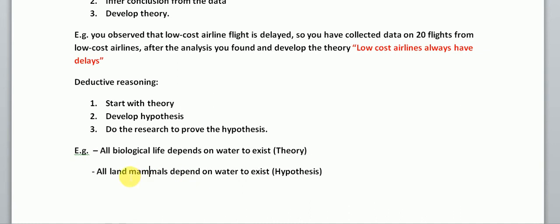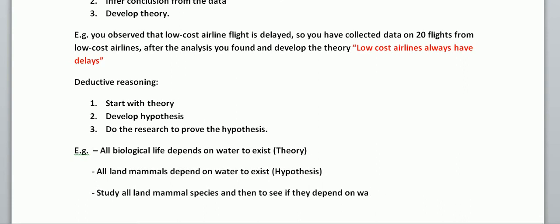For land mammals, we say all land mammals depend on water to exist. I'm just checking this hypothesis. This is my claim, and I have taken this claim based on this general statement. Now we have to conduct a research to prove this hypothesis. And for this, what we do next, we for example study all land mammals, or land mammal species, to see if they depend on water or not.